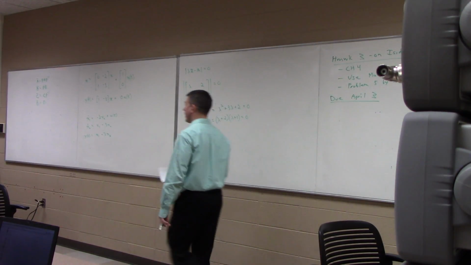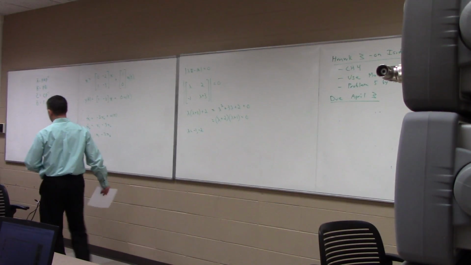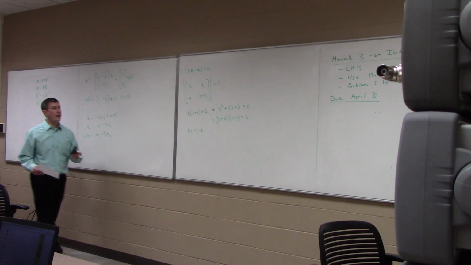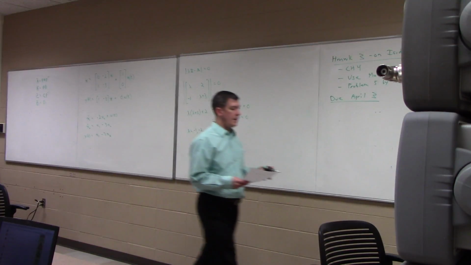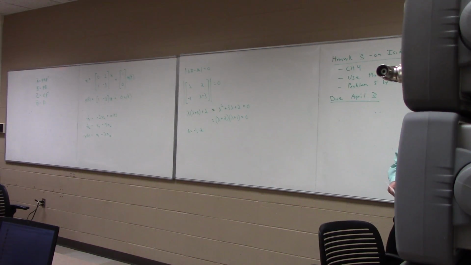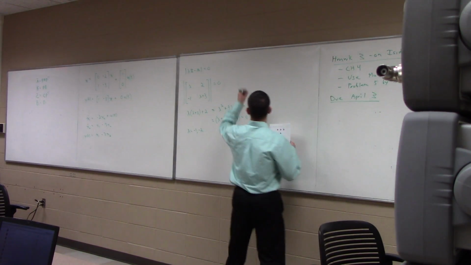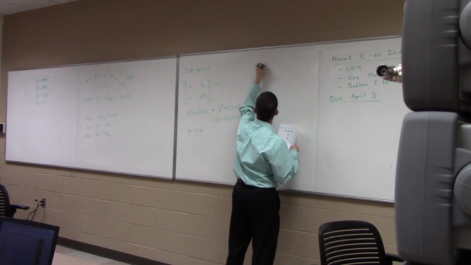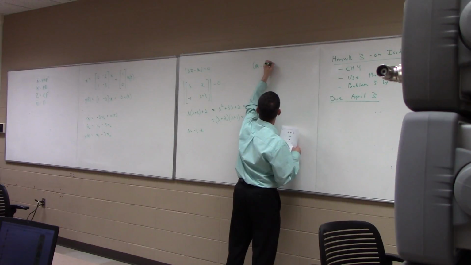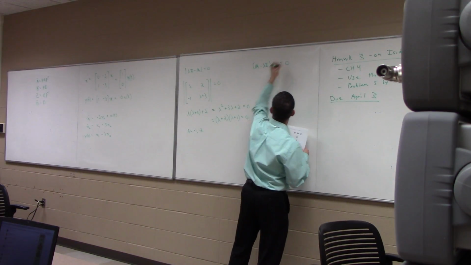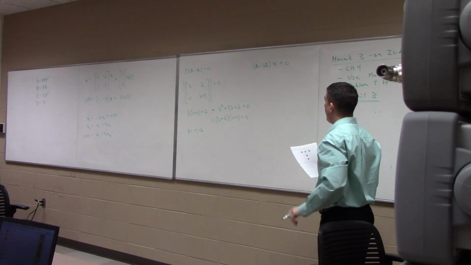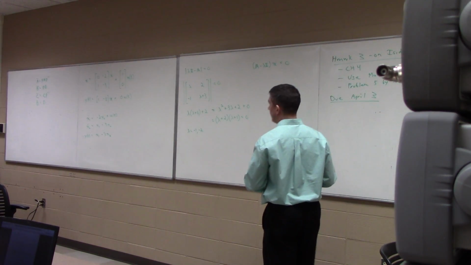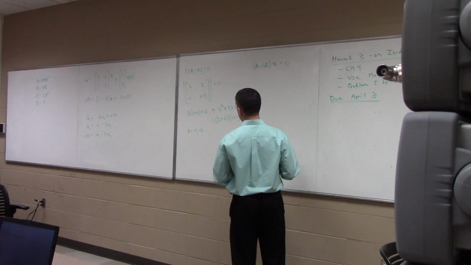Okay, so now that I've got my eigenvalues, I can use those eigenvalues to determine eigenvectors. I do that by solving that equation, A minus lambda I times x equals 0, and we're going to solve for x. Okay, x will be my eigenvector.